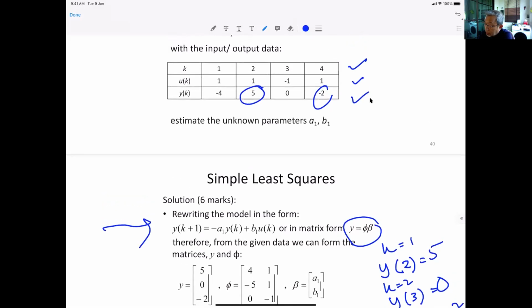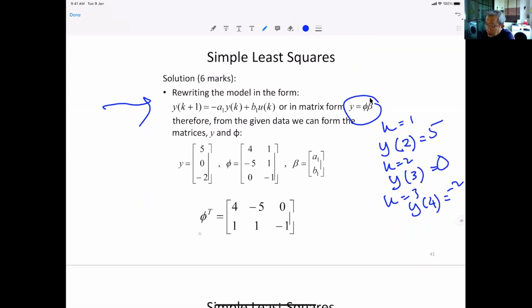So we base on the sequence here, k = 1, 2, and 3. So we already construct the matrix Y, which is 3 by 1.